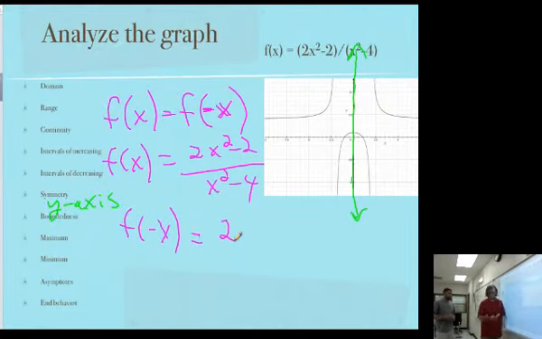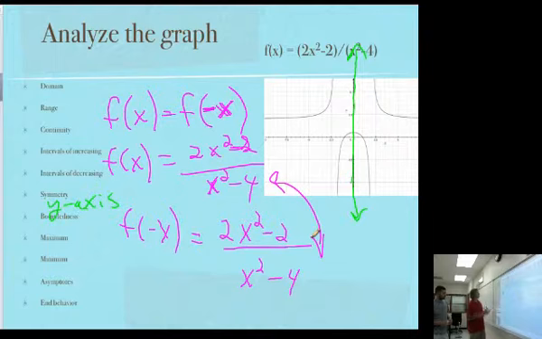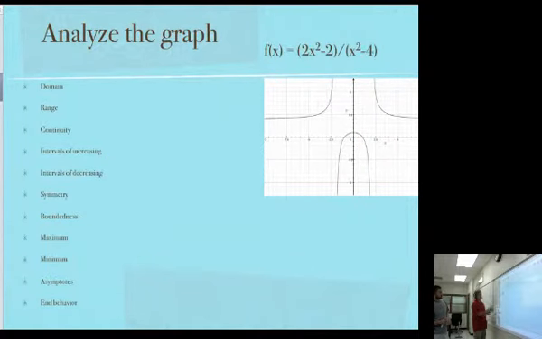Well, what's negative x squared? That's just x squared, because negative x times negative x is a positive x. And this minus 2 is still hanging out right there. And then x squared here we replace with a negative x. So that's also x squared minus 4. Are these two identical? Absolutely. Yes, so it's y-axis symmetry. So not a bad little review there either.